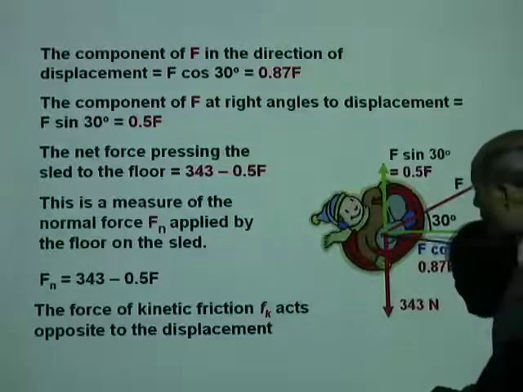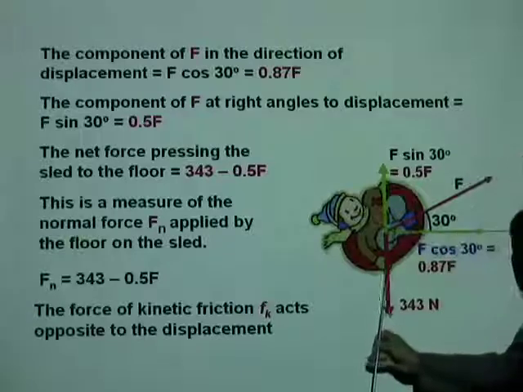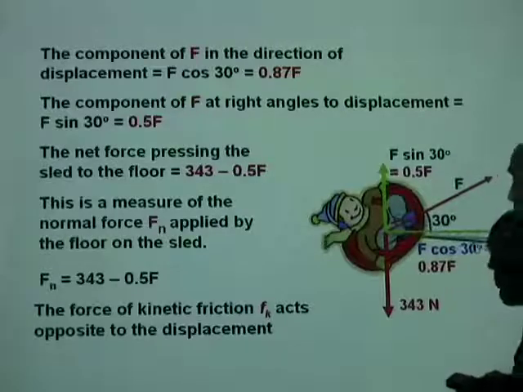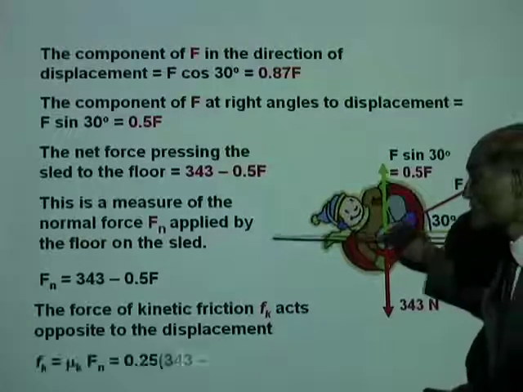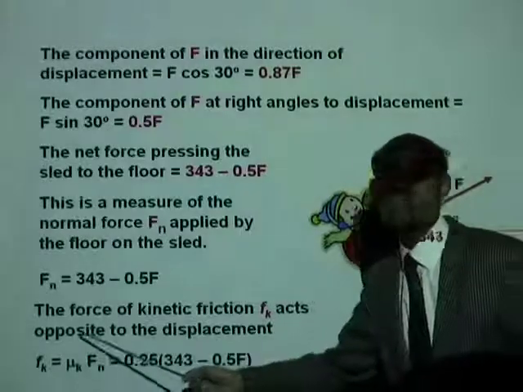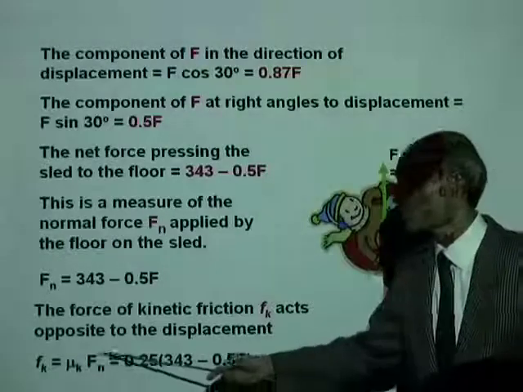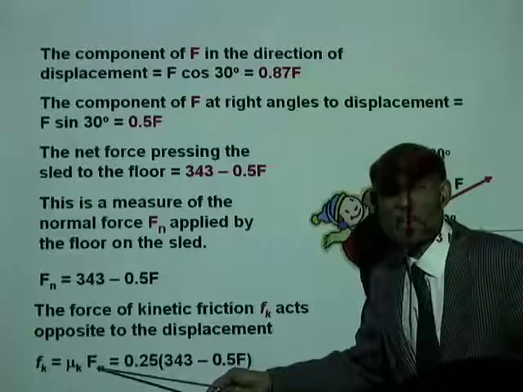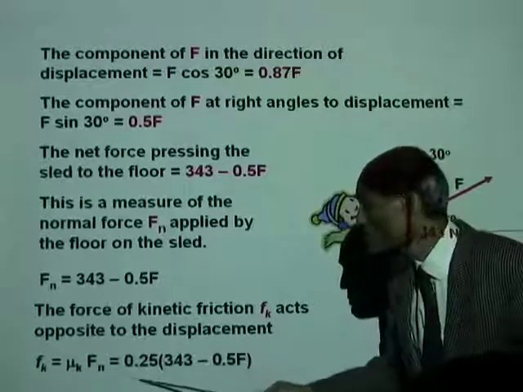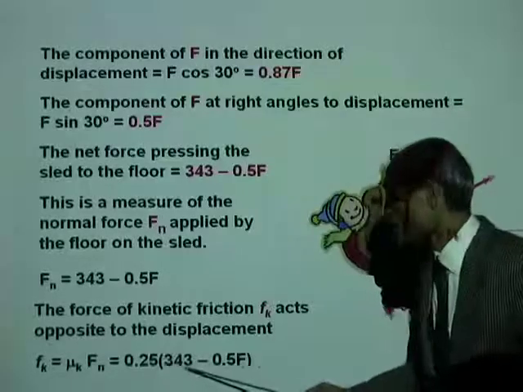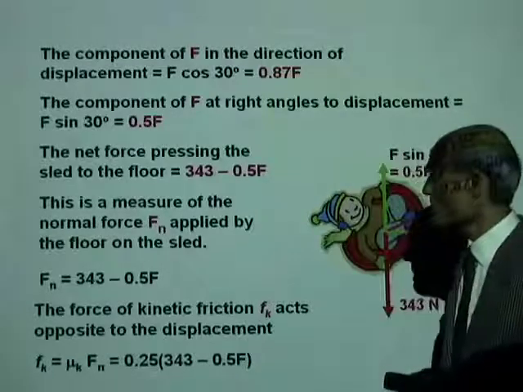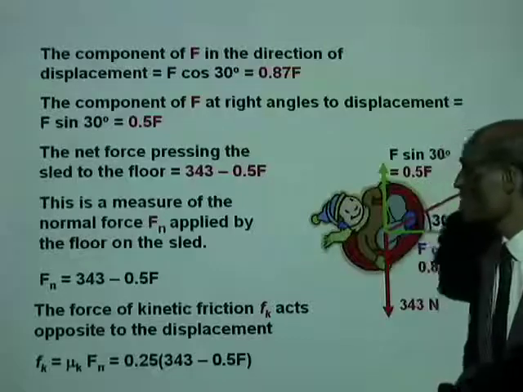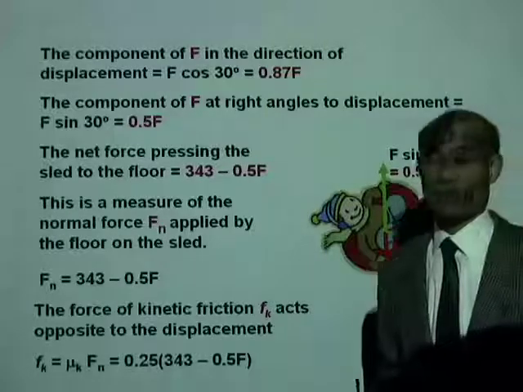Is that right? If the displacement is to the right, the force of kinetic friction is to the left. And what is the equation for that force? Fk equal to mu k Fn. Mu k is given to be 0.25 and Fn is 343 minus 0.5 F.